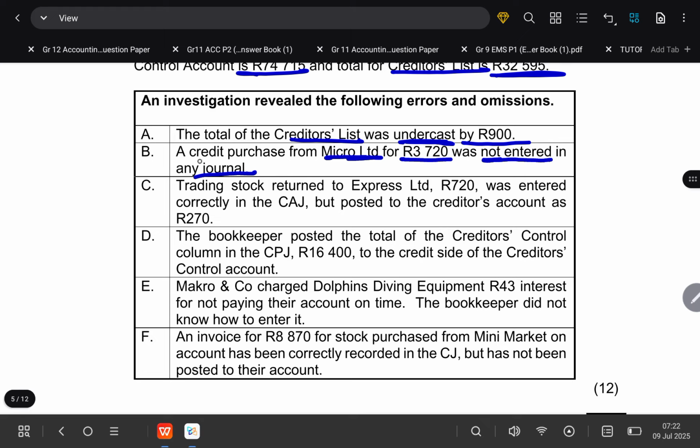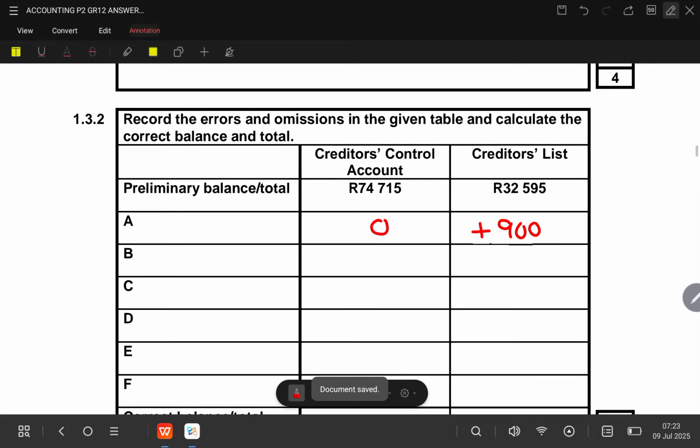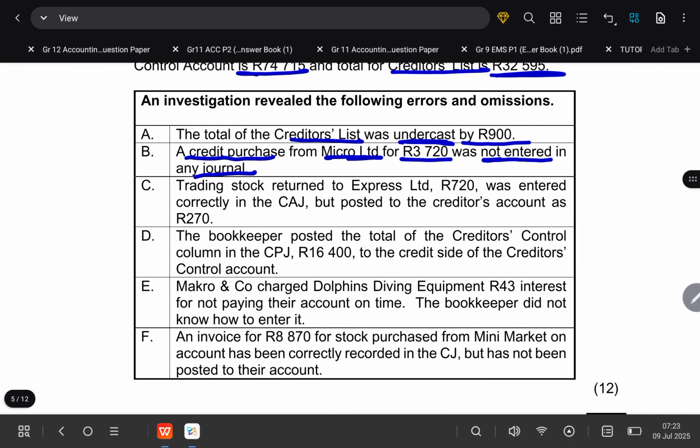So because they spoke about a credit purchase, it means it will increase our debt. So it will be both plus 3,720, plus 3,720.